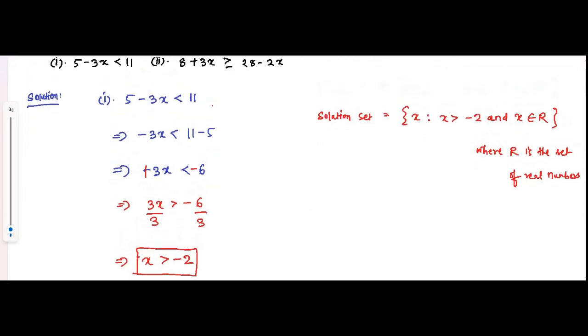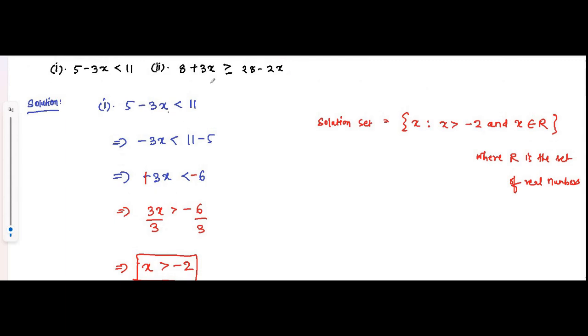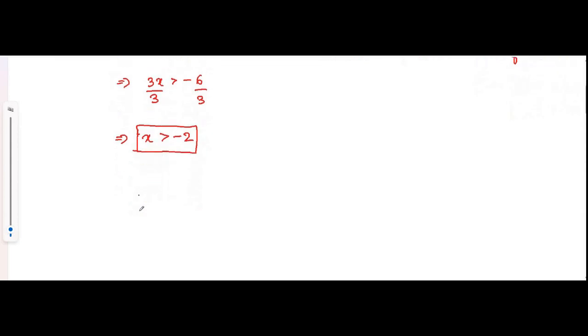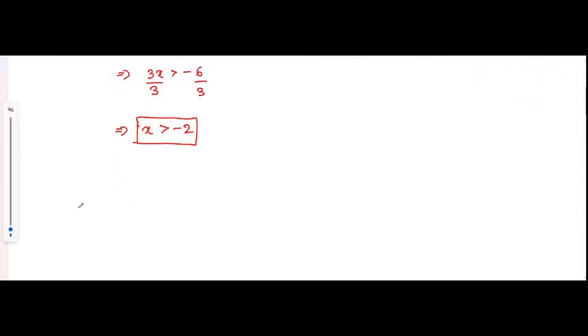So the second part is 8 plus 3x greater than or equal to 28 minus 2x. Okay, so let's do that. 8 plus 3x is greater than or equal to 28 minus 2x.